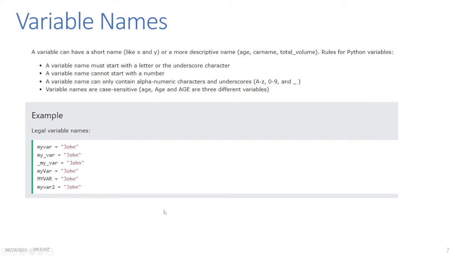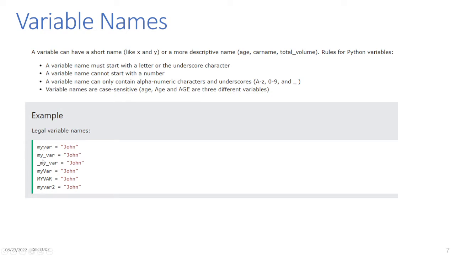Variable names. A variable can have a short name like x and y, or a more descriptive name like age, car name, total volume. The rules for Python variables are: a variable name must start with a letter or the underscore character. Just like in this case, it started with an underscore. A variable name cannot start with a number. So take note of that.